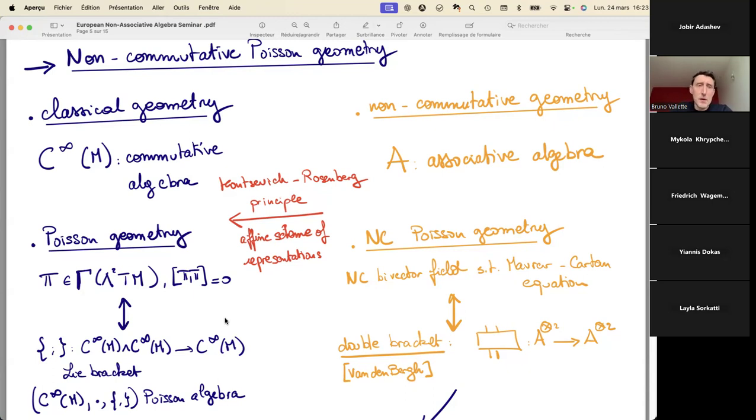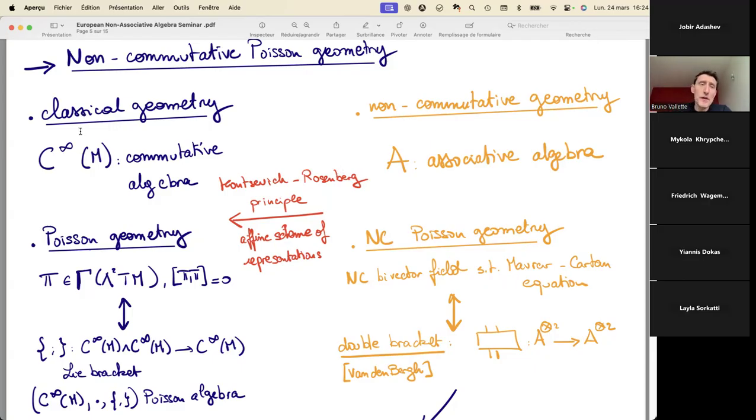But then we might have non-commutative analogs of this. To understand what could be non-commutative geometrical analogs of the classical notions, there is a principle called the Kontsevich-Rosenberg principle, which says that in non-commutative geometry, you should replace the commutative algebra of smooth functions on a manifold by a generic associative algebra.